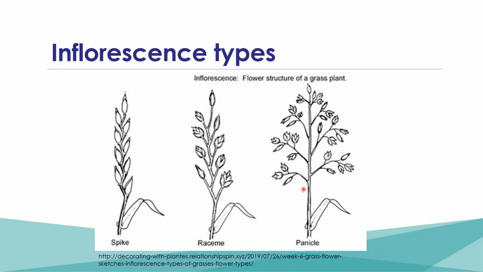And then we go one variation further, we have a panicle. A panicle has a branch that connects to a branch that connects to the spikelet. Again, around here, we're pretty typically only going to see a spike or a panicle, so you just need to be able to tell if your spikelet is attached directly to that central stem or if it's branching.